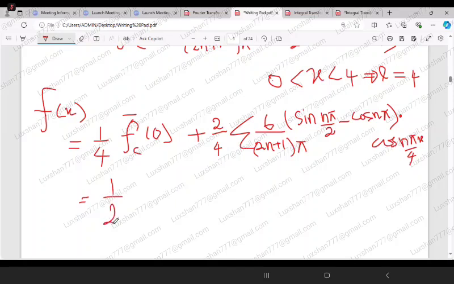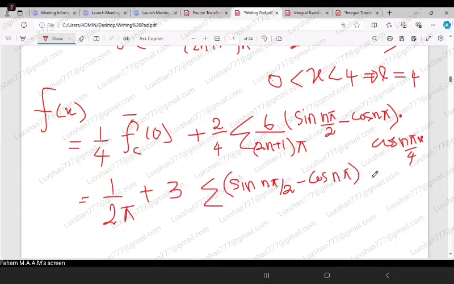So 1 over 2 pi, plus, and this one you can simplify, you can take 6 out and 12, so this becomes 3 into summation of sine(n pi by 2) minus cos(n pi), into cos(n pi x by 4), divided by (2n plus 1) into 5.